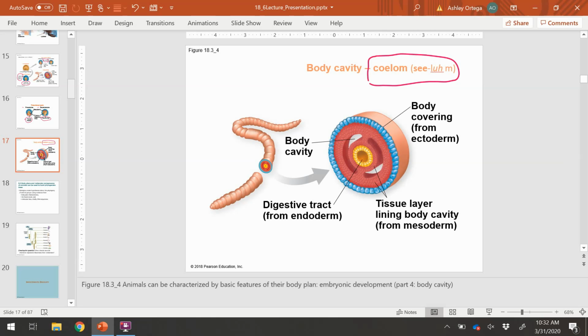And so in that mesoderm area, you can see two body cavities that are lined on either side with mesoderm tissue. And so that's a true body cavity. So that's something you'll want to understand, that a body cavity is an opening there of basically empty space within the internal tissue.